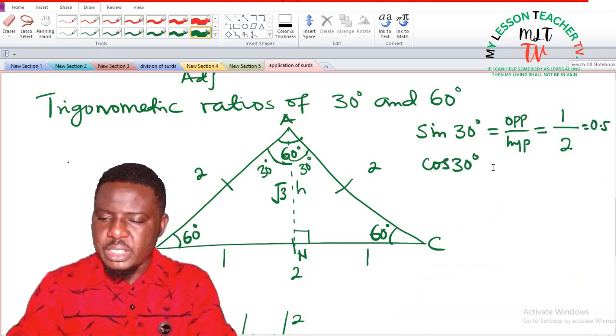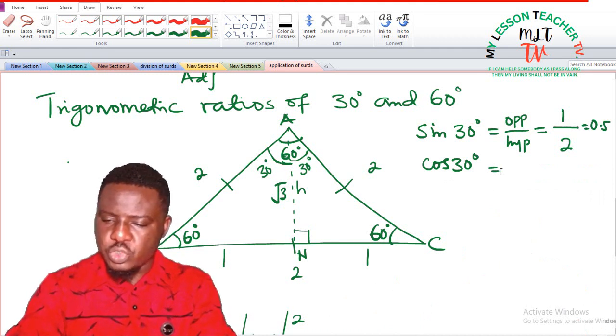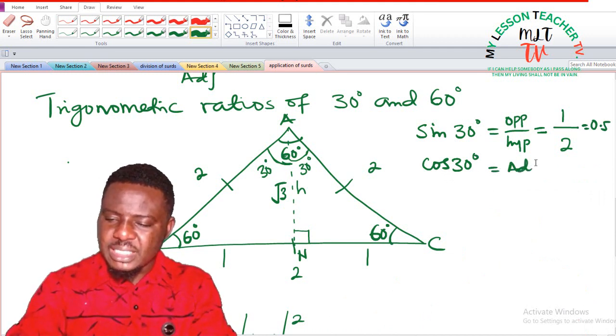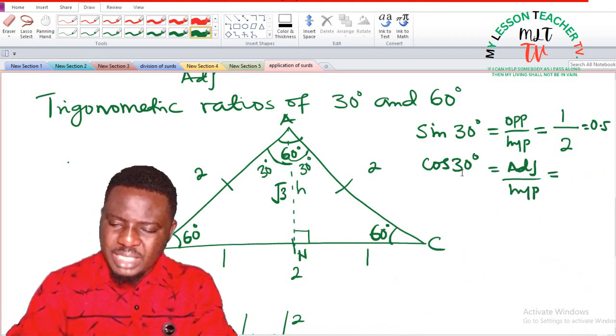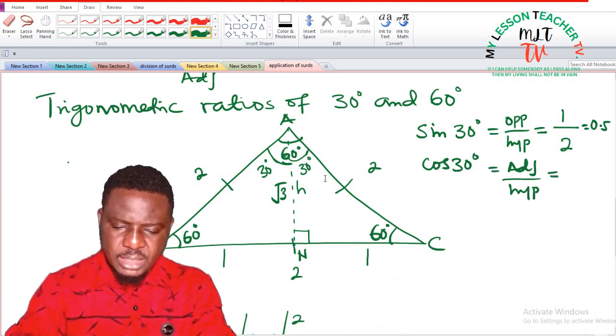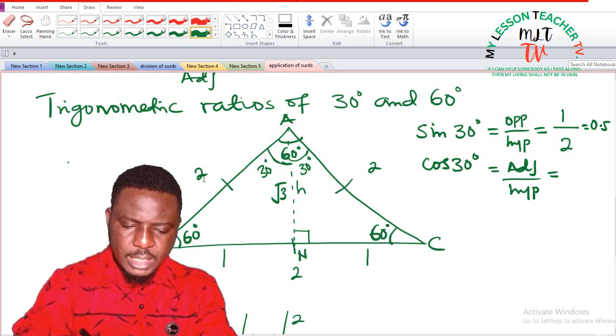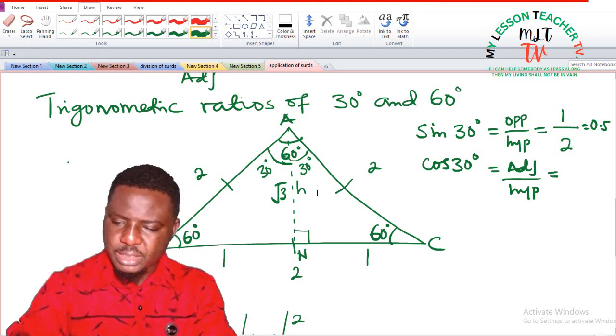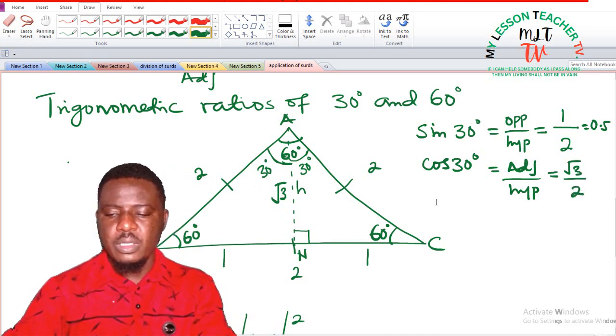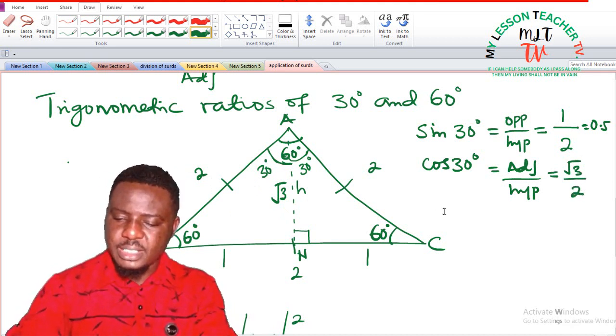While cos 30 degrees is said to be equal to the ratio of the adjacent side to the hypotenuse side. So where is the adjacent side to angle 30 degrees? If this is the opposite, this is the hypotenuse, then this is the adjacent. So adjacent is root 3 over 2 for cos 30.